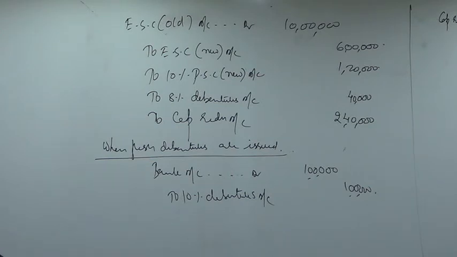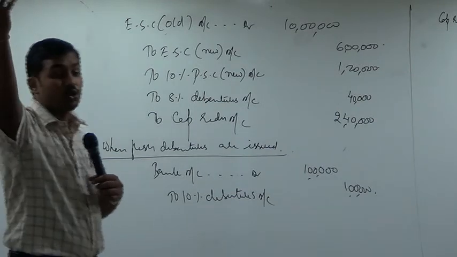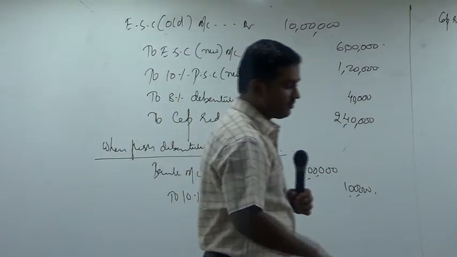Now tell me how much capital reduction profits we have totally? Please tell me. 9 lakh? How much is the P&L account debit balance we got? Refer to the balance sheet which we prepared. The remaining amount can be transferred to capital reserve. Write down the entry.